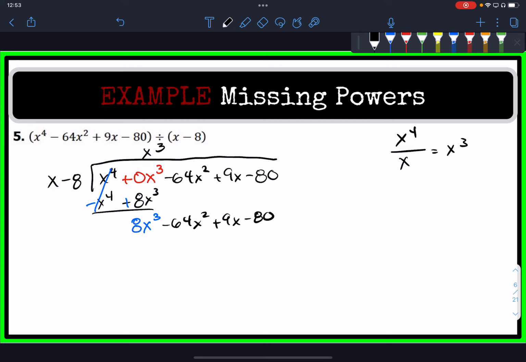Now 8x divided by x, that's 8x to the second power, positive 8x to the second power multiplying, that's 8x to the third minus 64x squared. Let's switch the signs.